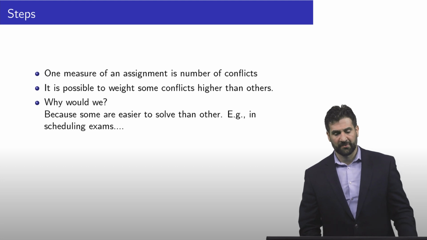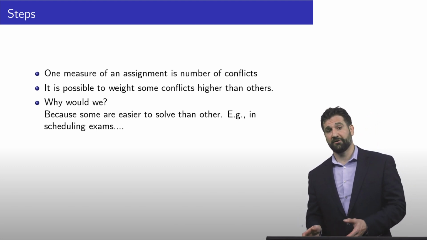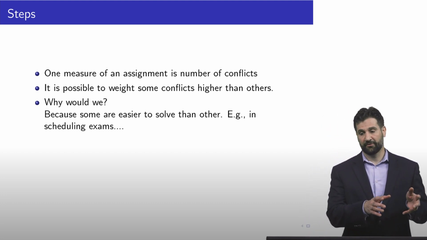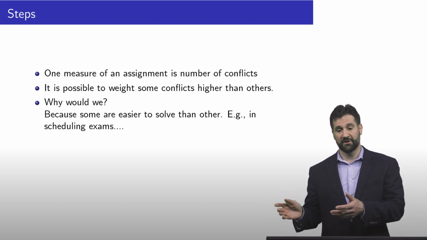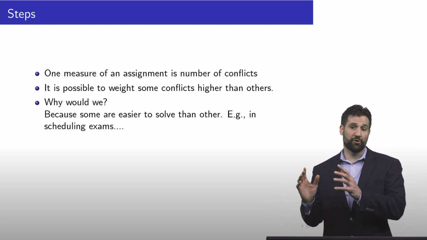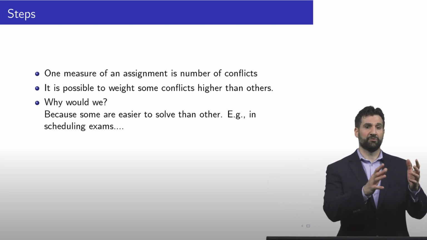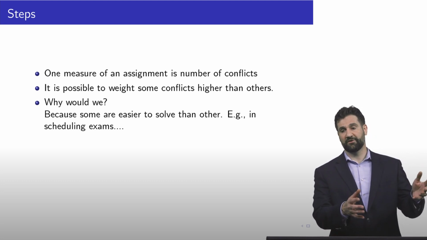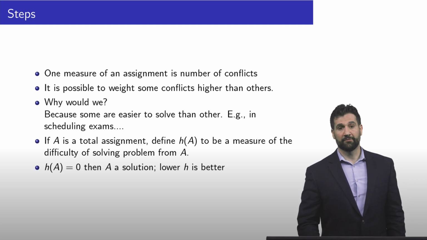Moving from hard constraints to soft constraints is often what's referred to as relaxation. So if we move from not permitting any conflicts to just considering the weight of those conflicts, we might now have an easier problem to solve.